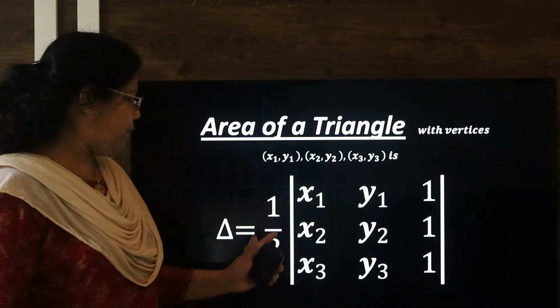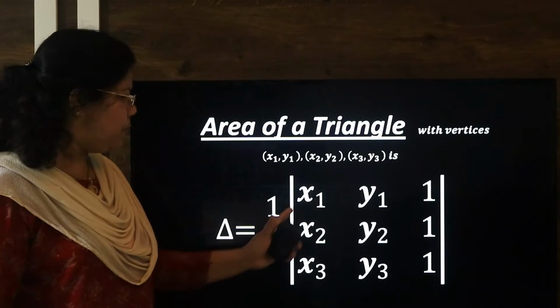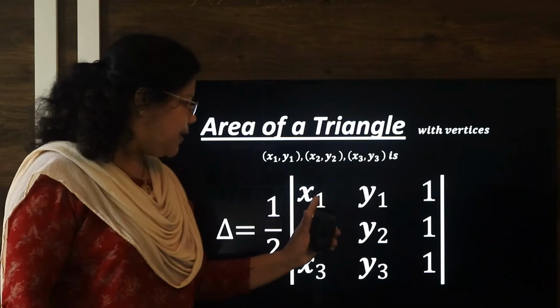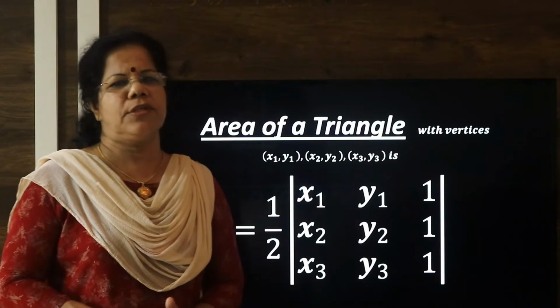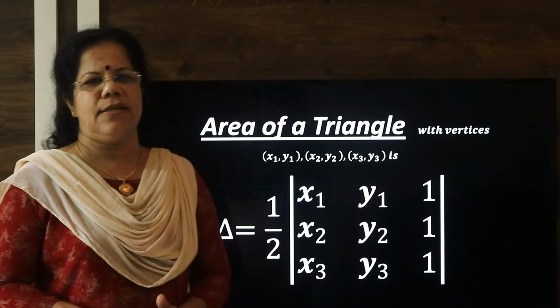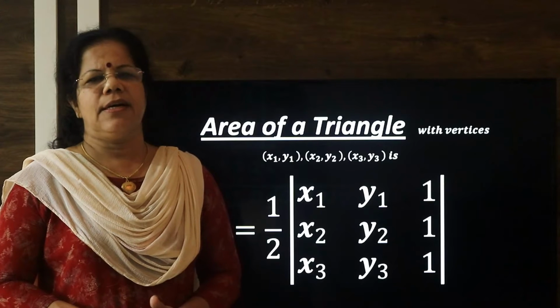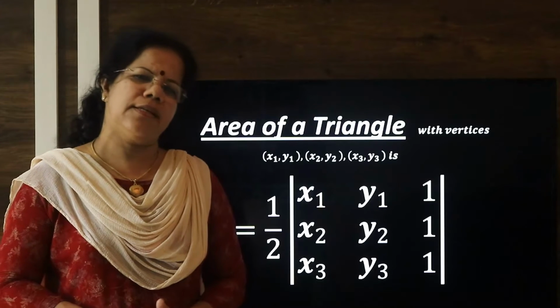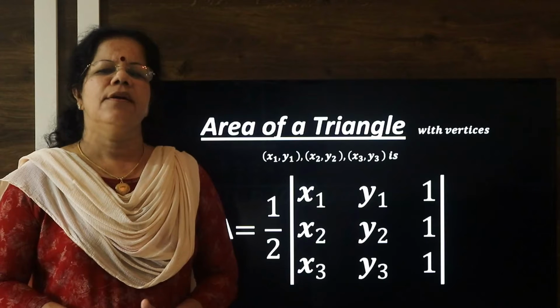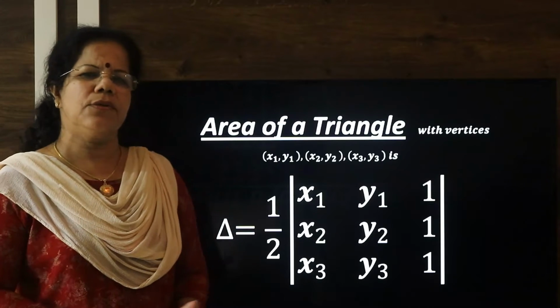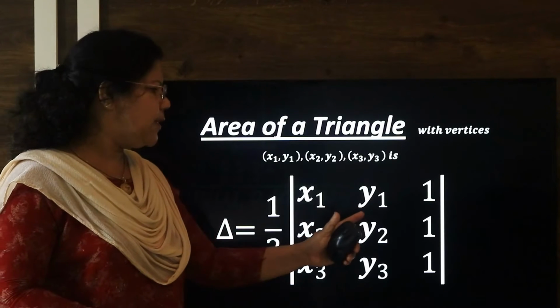Delta is equal to half into the determinant with first row x1, y1, 1. x1, y1 is the first coordinate, the second row x2, y2 is the second coordinate, the vertices I say, and the third row x3, y3. So if three vertices are given, we can write delta is equal to this. Just expand and see.